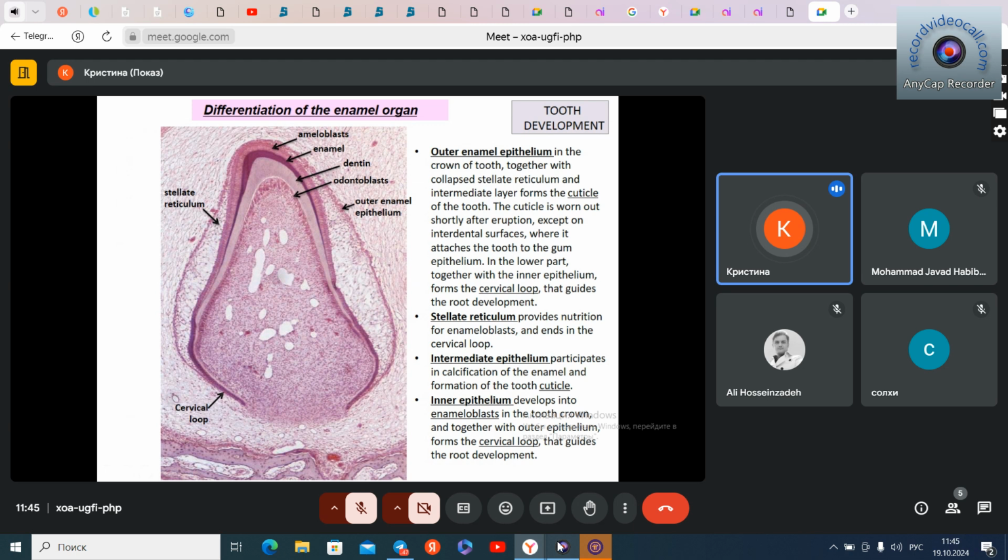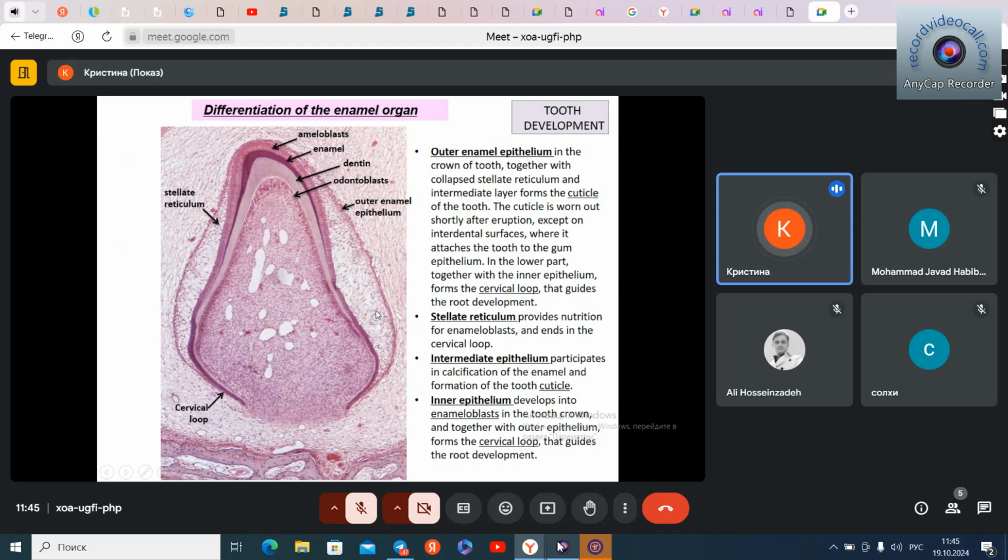Here we see the differentiation of the enamel organ, outer enamel epithelium, together with the collapsed stellate reticulum and intermediate epithelium will form the cuticle of the tooth. In the lower portion, the outer epithelium and inner epithelium will form the cervical loop, which will guide the root development.